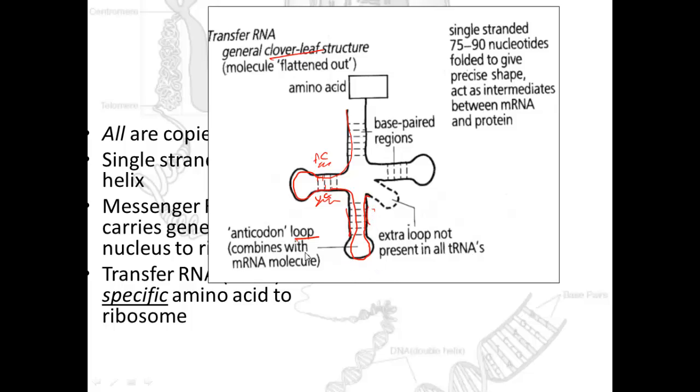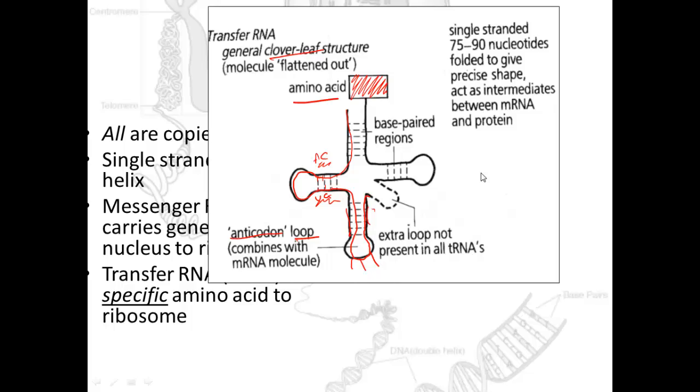Now here we have what is called the anticodon loop, and we have three bases unpaired pointing out in this direction. That's going to be very important when we come on to think about protein synthesis. Sometimes they have this extra loop, sometimes they don't, doesn't really matter. But the other key point is this: they carry a specific amino acid.